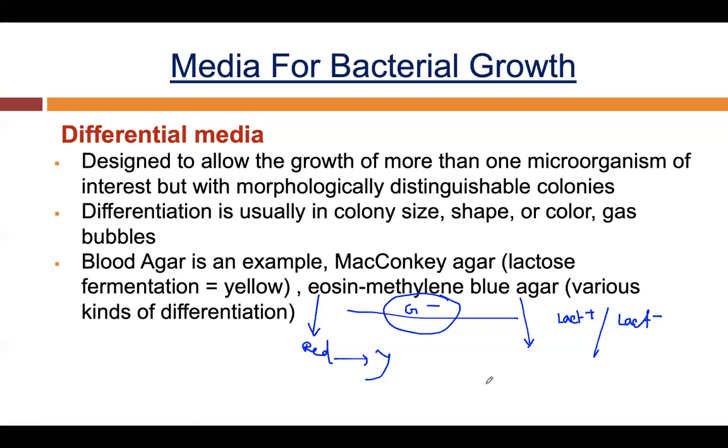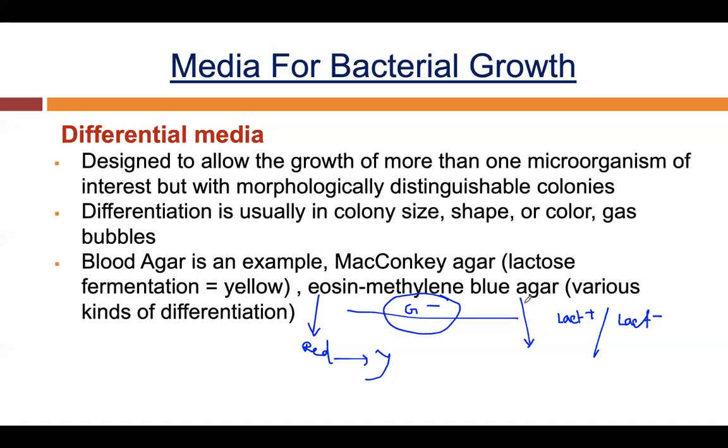Now there are lots of media that we use in our lab, like the EMB plate, eosin methylene blue agar. That's both selective and differential media. We add all those dyes to make it both selective and differential.